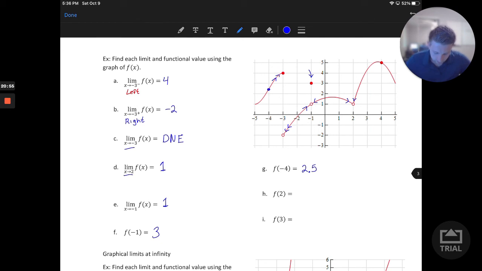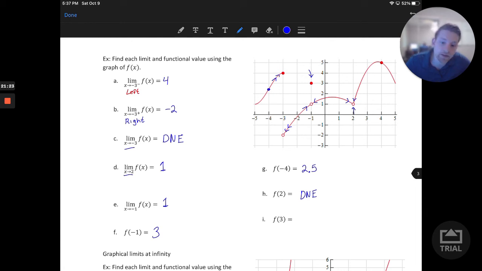If we look at the value for f of 2, the functional value at f of 2, here we have an open circle at +2, and there's no other defined point here, so we could say the function is undefined at 2, and so this does not exist. There's no functional value there.